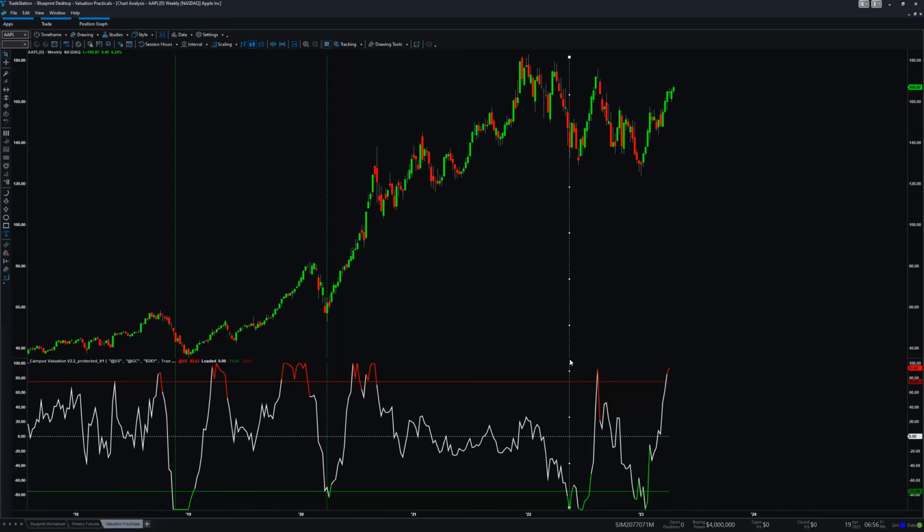Then, now we're talking, right? Now we're talking. The undervalued works really well once we're also undervalued on these really high cycles.